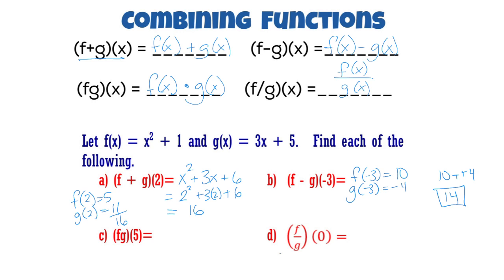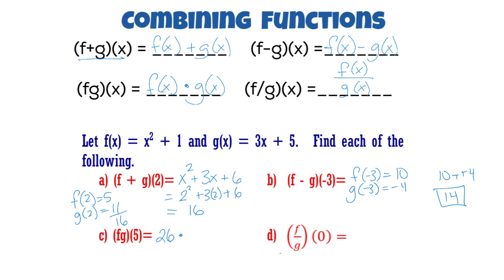Okay, next one, f times g of 5. This is one I would definitely want to do individually and then multiply, because otherwise I'm stuck having to take f times g, the functions, and FOIL them and then plug it in. So I'm not going to take the time to FOIL. I'm just going to take the 5 and plug it in here. So that's 25 plus 1, which is 26.